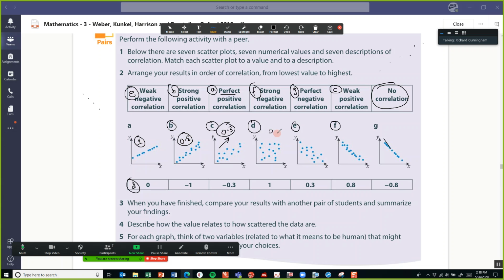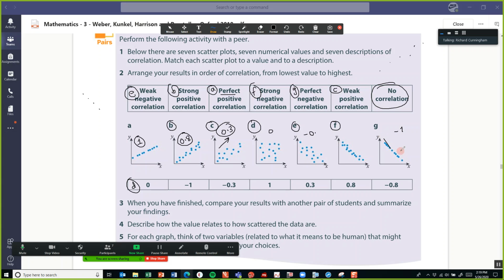We said this one would be 0. Enrique, could you tell me what E do you think would be? No, it's negative now. Now which one of these is the strongest one?